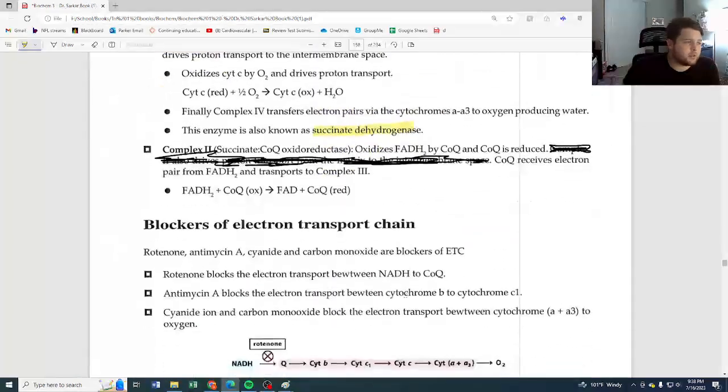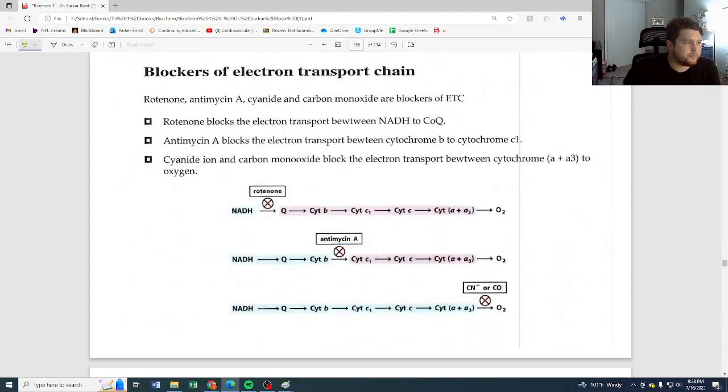I'm going to jump back really quick to this little chunk because I skipped over it. This is a little tidbit of extra info. There will be one or two questions that come from this little chunk. Just understanding the different names of stuff, and what blocks what.